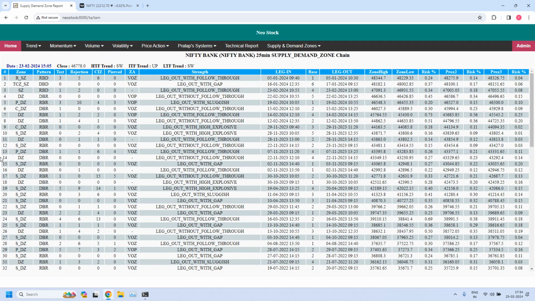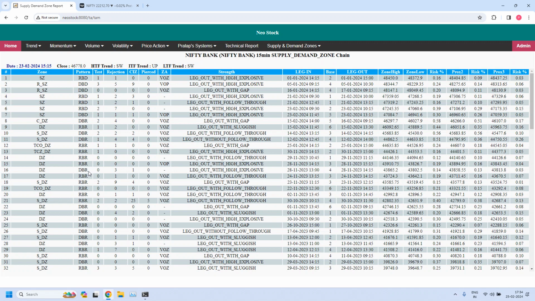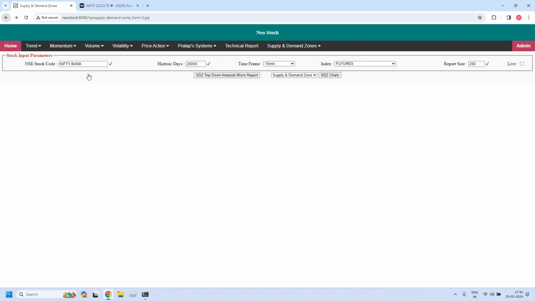So let me go back, change the time frame to 15 minutes and let me generate the chain. 15 minutes is having 7 supply zones. 8th onwards, demand zones. So let me go back and change to the last time frame, 5 minutes, and let me generate the chain.